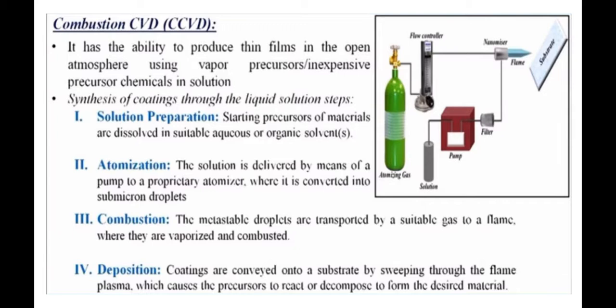The next step is coating. The metastable droplets are transported by a suitable gas to a flame, where they are vaporized and combusted. Then the deposition: coatings are converted onto the substrate by sweeping through the flame plasma, which causes the precursor to react or decompose to form the desired material.